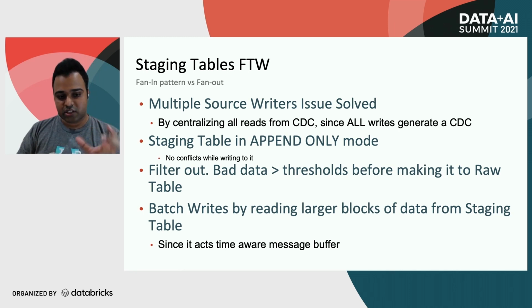Since we are batching the writes by reading larger blocks of data from the staging table, which is acting like a message buffer, we can set SLAs like, in 15 minutes the data would have been replicated from the hot store to the cold store or the DeltaLake store. So we are able to take care of the small file problem, at least in the raw table, which is our main source of scan, or the mirror or the replica that we are worried about.